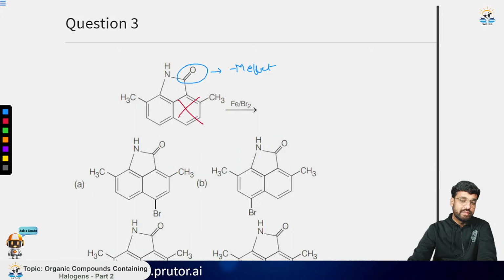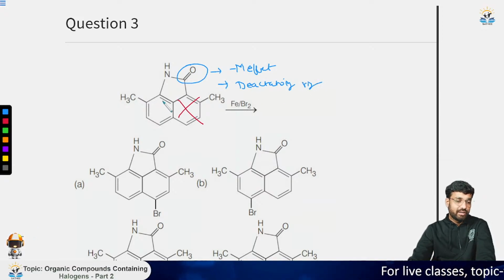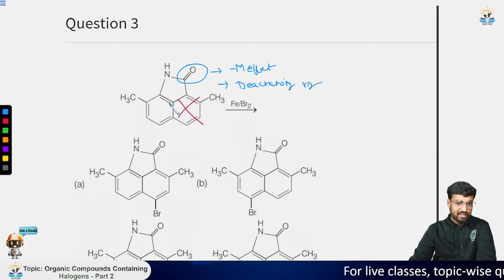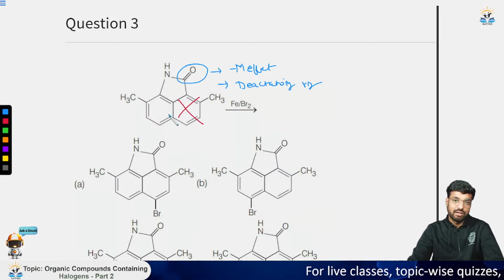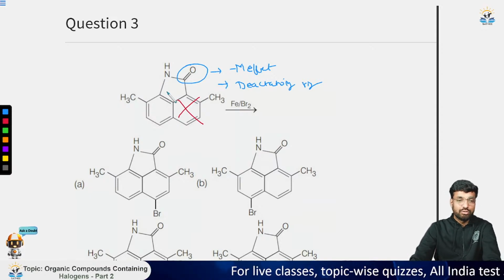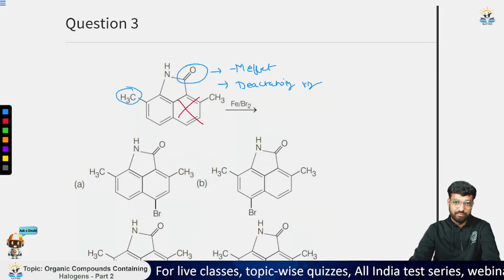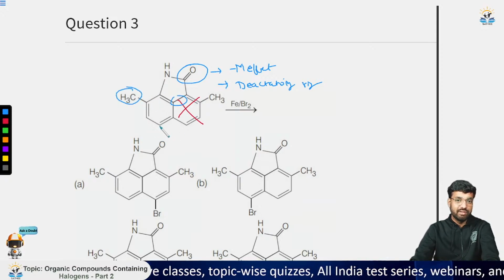Or you can say it is deactivating the ring. So the electrophilic aromatic substitution will take place on this ring. Now the question arises where? Since it is an ortho para group, and the ortho position is occupied beforehand, we are left with the para position.